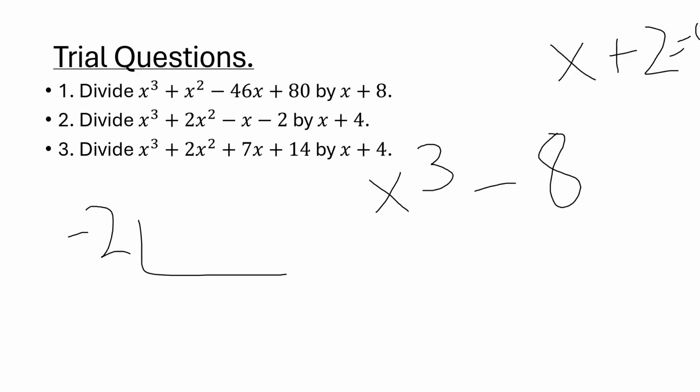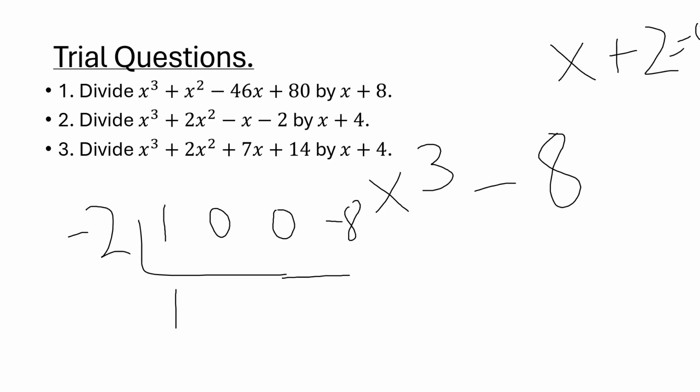And here the leading coefficient is 1. Now you'll be tempted to just write -8 here, but I'm sorry, that will lead to a wrong answer. So just like you do for long division, you write 0 for missing terms. So here the term in x squared is missing, the term in x is missing. So write 0, 0. Then we bring in -8.